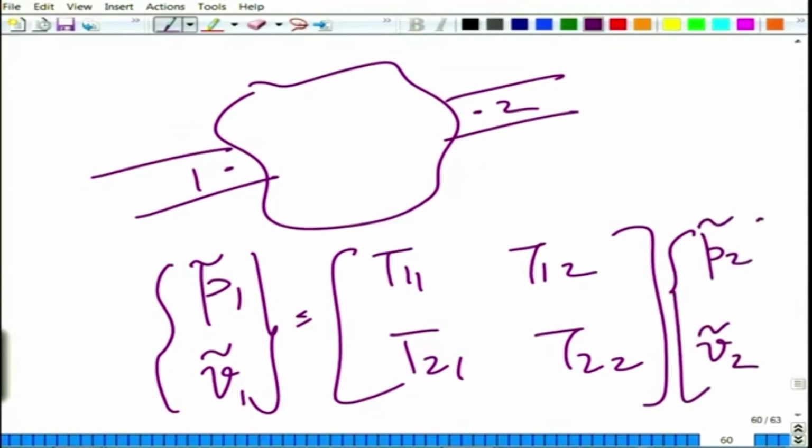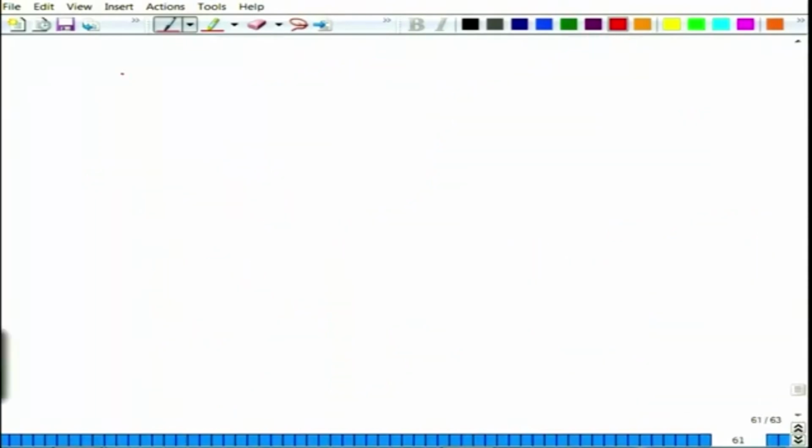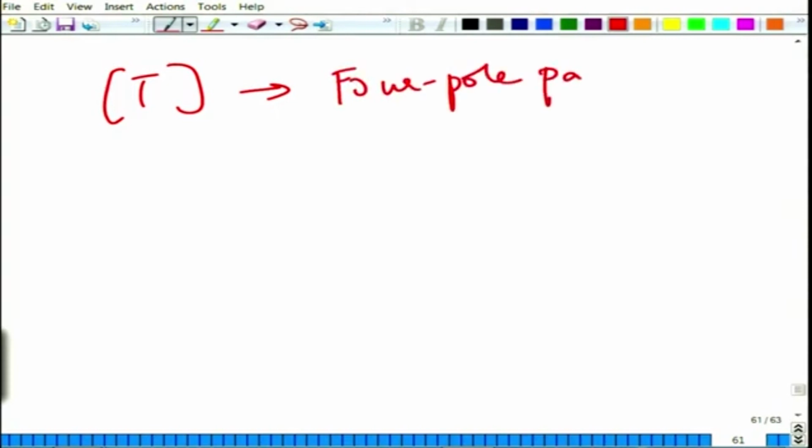Once we have this relation, we can possibly obtain the transmission loss by assuming an anechoic termination here for a generalized element. This is general, this could be any element, there could be perforates, linings, and it need not just be a simple expansion chamber. So, we have generalized transfer matrix parameters, also known as the 4-pole parameters. T matrix parameters are also called 4-pole parameters.